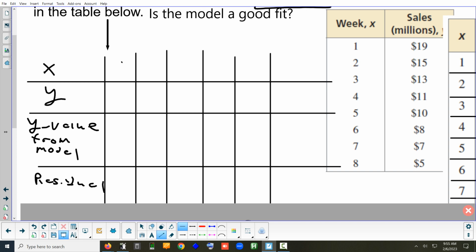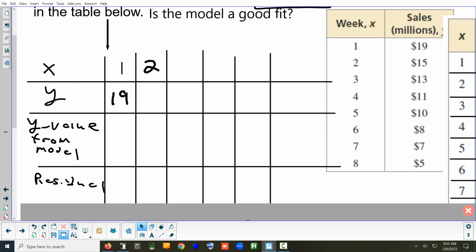All right, so what does it say for week 1 our sales were for the movie? 19. And what do the sales represent there? Millions. So yes, week 1, the movie made 19 million.